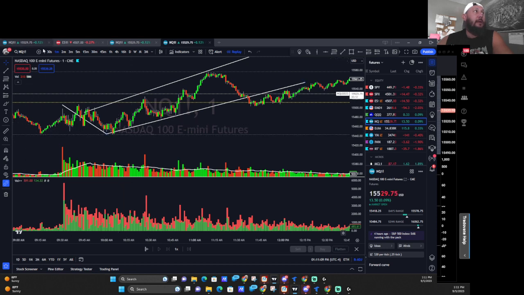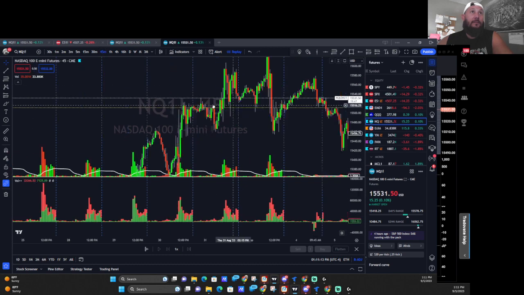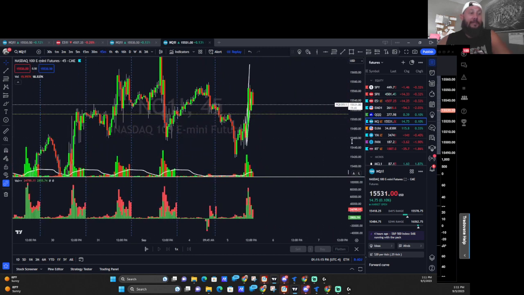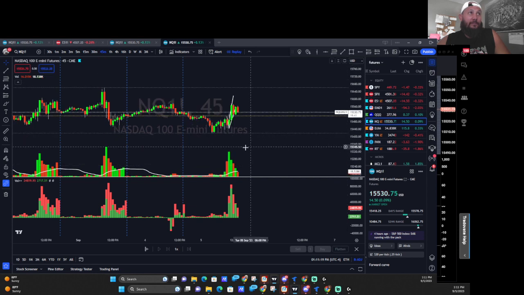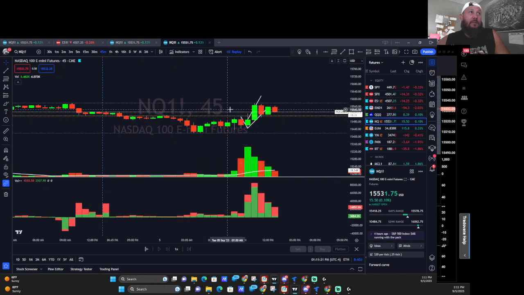But you'll notice, as I said, this 1 minute chart looks completely different than this 15-minute chart. This is the 15-minute chart from today. 9:30, right here. Looks pretty different, right? Let me just extend this line here.